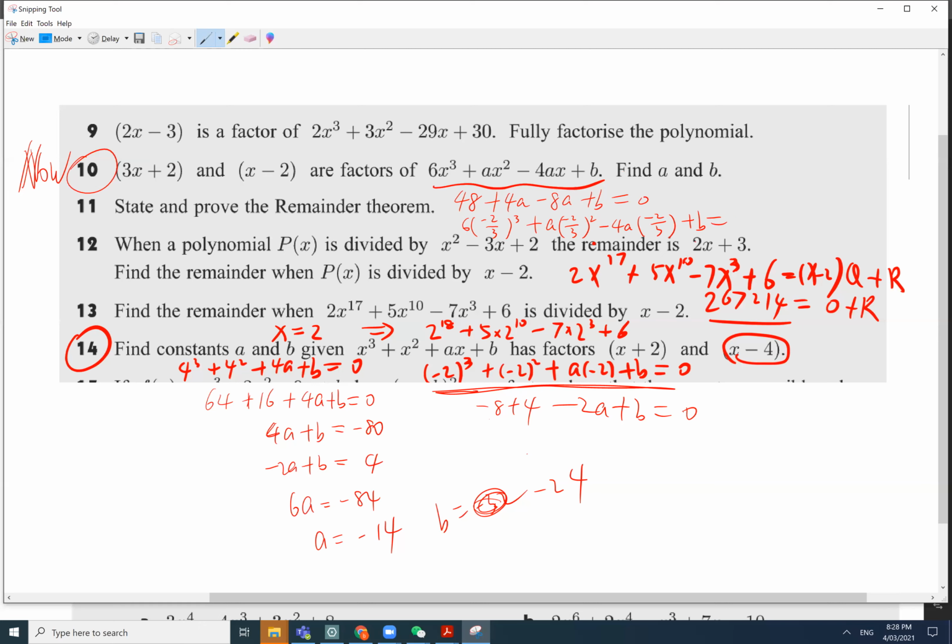Zero. Okay, solve equation. Solve equation.